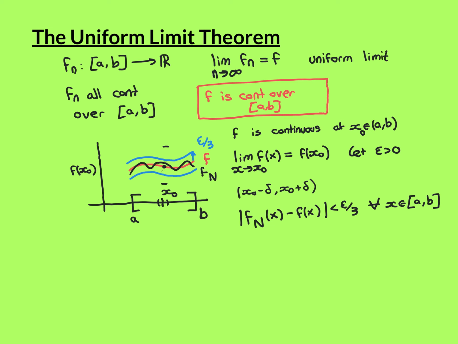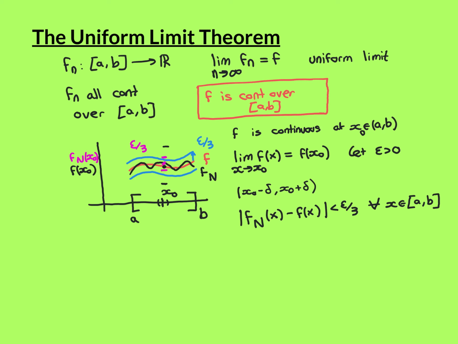And what I know, of course, about this function is that it's continuous everywhere over the closed interval ab, because that was one of my starting assumptions, that everything in the sequence of functions was continuous over the entire domain. So I'm now going to use the fact that f big N is continuous at x0, and say there must exist a delta interval around x0 which is entirely mapped into an epsilon interval around fn at x0. That's denoted here in purple.